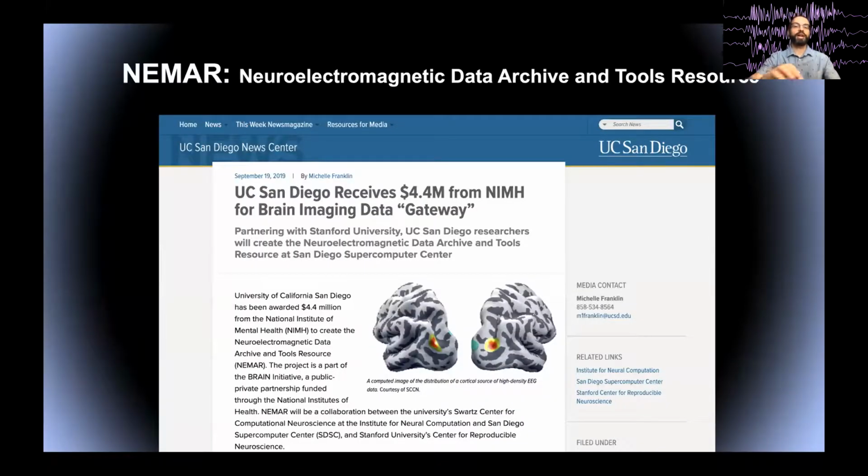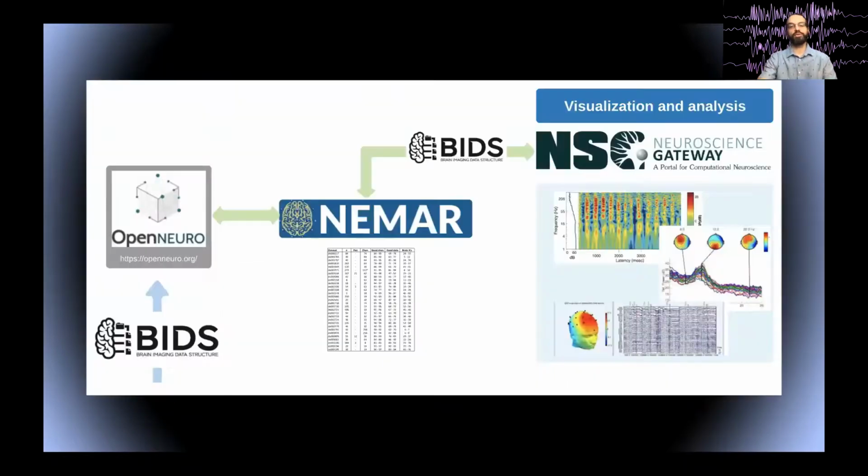So before I talk about NSG, I want to mention how NSG integrates into a whole infrastructure. We got a large grant from NIH to build a data archive for EEG data, which is going to be coupled with NSG. The way it's going to work is that you have BIDS formatted data that's submitted to OpenNeuro.